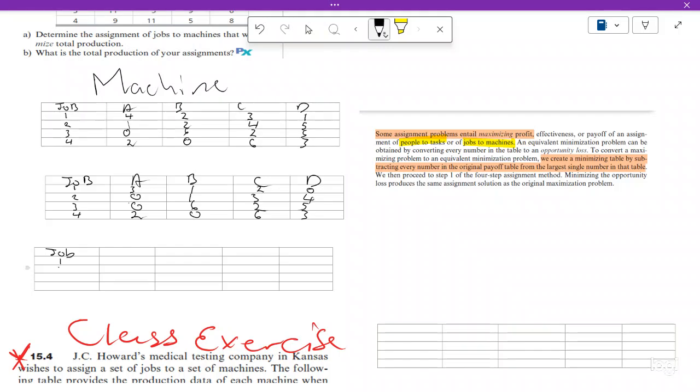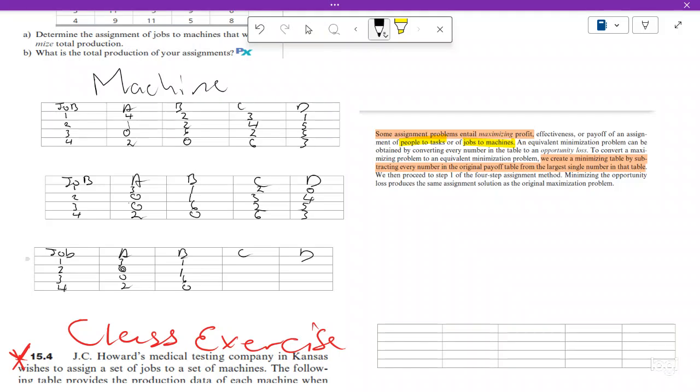Then we're going vertically, to the columns that don't have any zeros within them. Jobs 1, 2, 3, 4, and A, B, C, and D. This one we leave as it is again. 2, 1, 1, 6, 0. This one we crush. What is the smallest here?